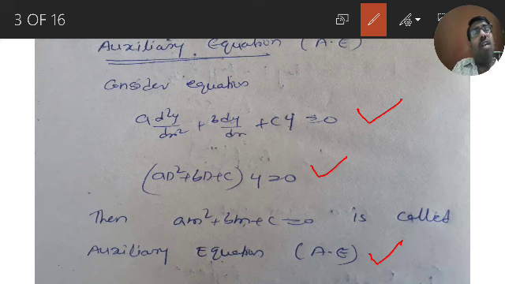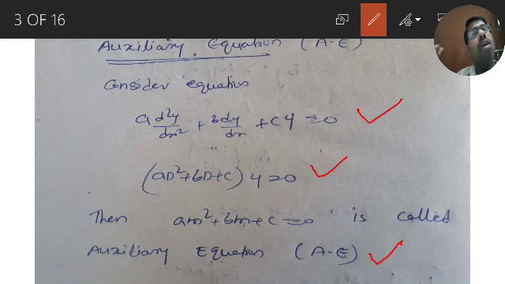Once the general form or operator form of a given homogeneous second order linear differential equation with constant coefficients is given, directly from that you can write the A.E., that is the auxiliary equation. a M square plus b M plus c is equal to 0, where the degree of M is 2, therefore it is a quadratic equation in M. A quadratic equation means it has two roots.